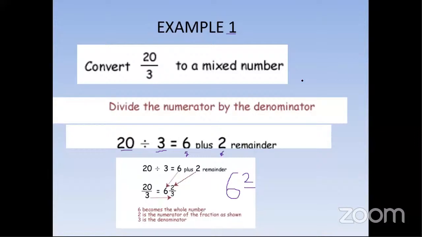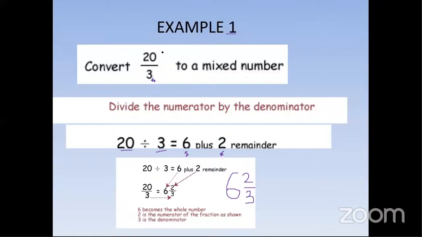We put it as 2 out of the denominator. The denominator does not change. Here, our denominator is 3, so we shall maintain our denominator as 3.